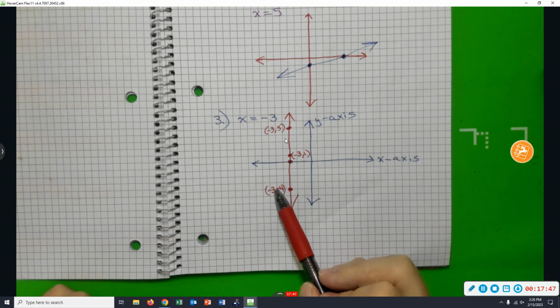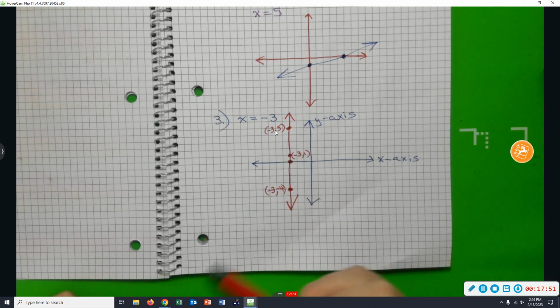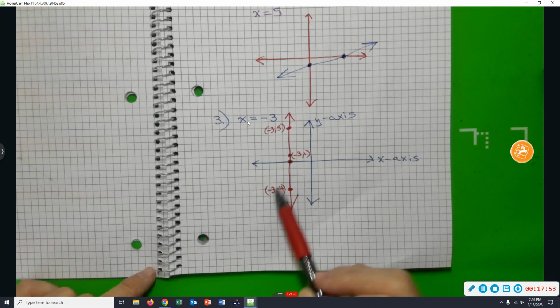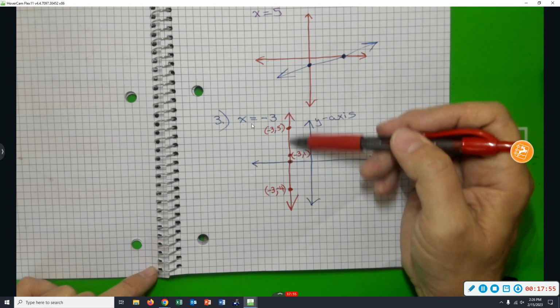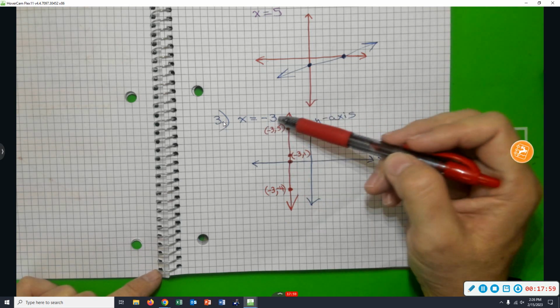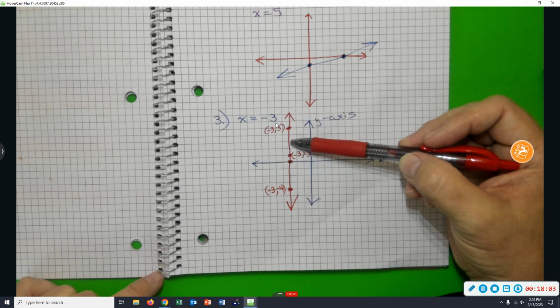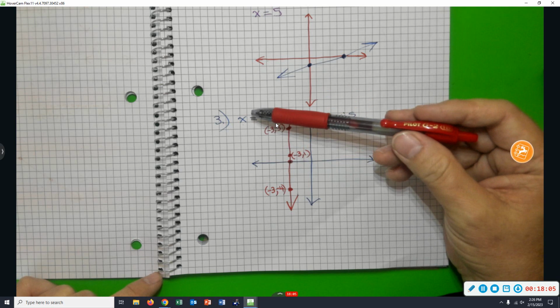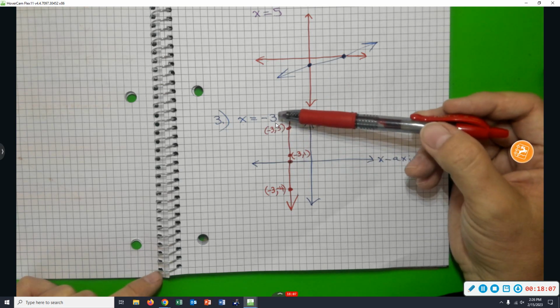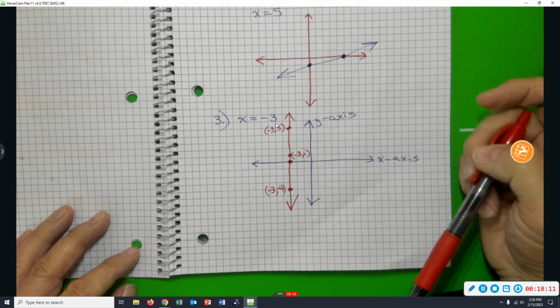What does every point on that line have in common? It has an x value of negative 3. This red line has every point whose x value is negative 3. That's why that equation describes this line here. It's saying, draw the line containing every ordered pair where the x value is negative 3.